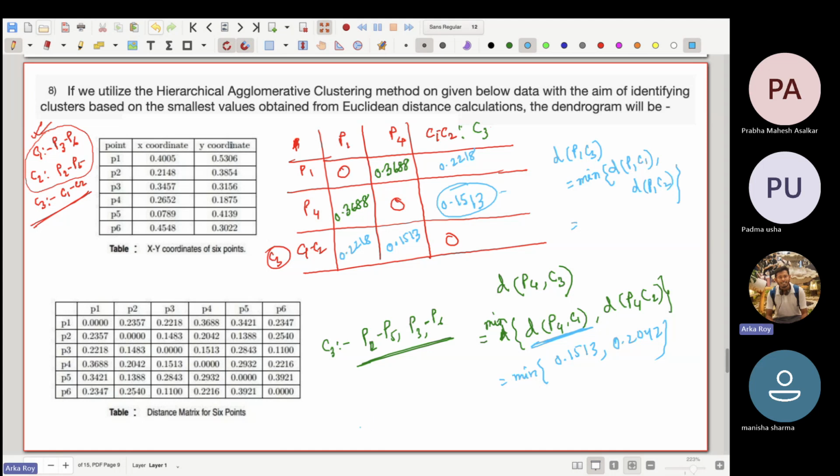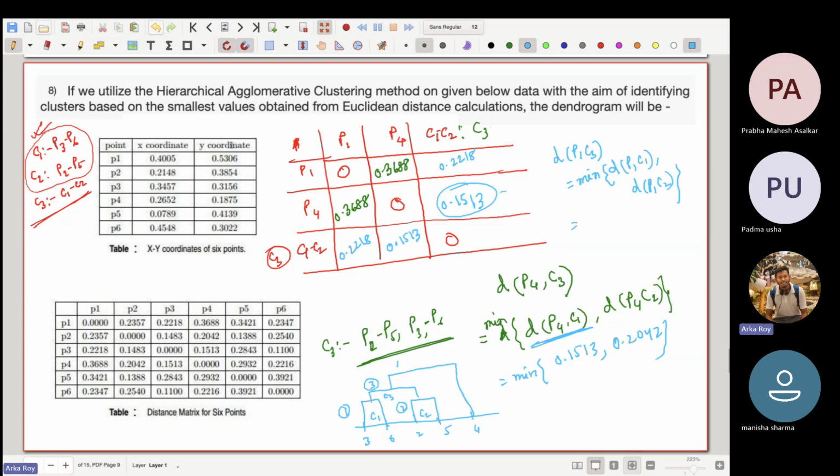So we can again draw the figure. So we had 3 6, we had 2 5. This is at iteration 1, this is at iteration 2. At iteration 3 we had a connection between these two clusters. This is C1, this is C2, this is C3, and now we are also attaching C3 with point 4.